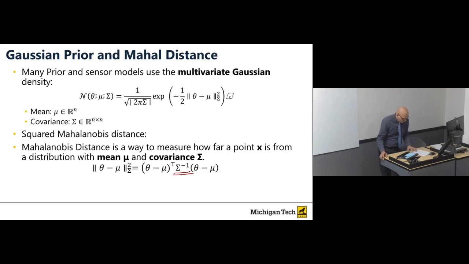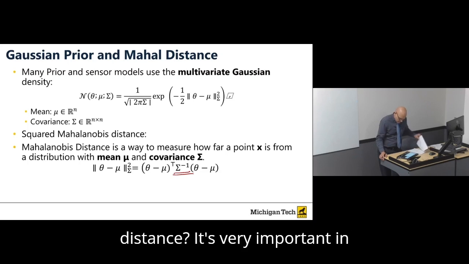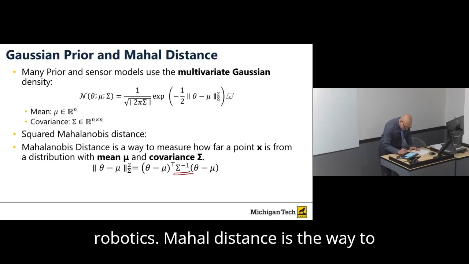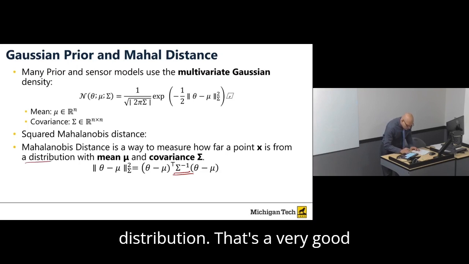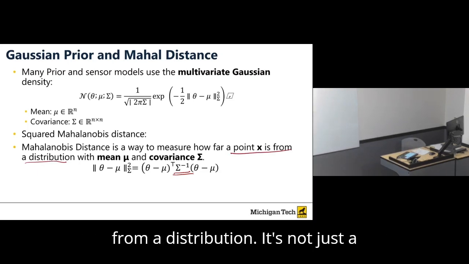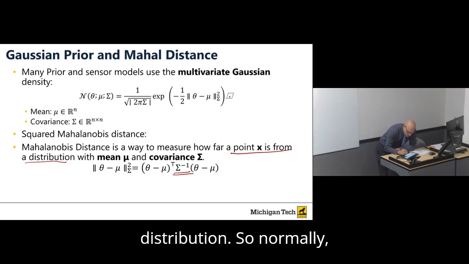What else I can say about Mahal distance is that it's very important in robotics. Mahal distance is the way to measure how far a point is from a distribution. That's a very good explanation. It's showing how far you are from a distribution. It's not just a point. It's not just a mean. It's a distribution.